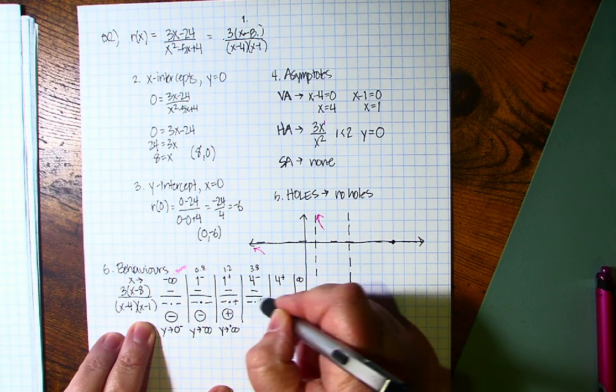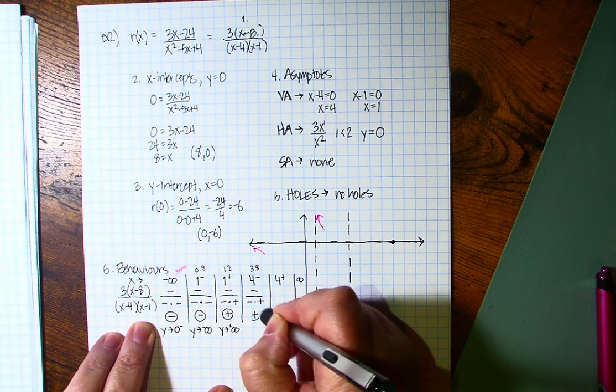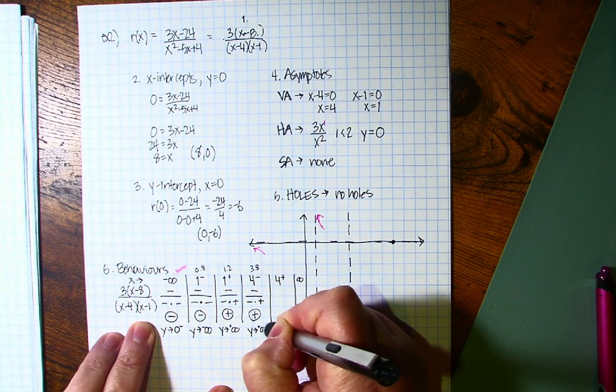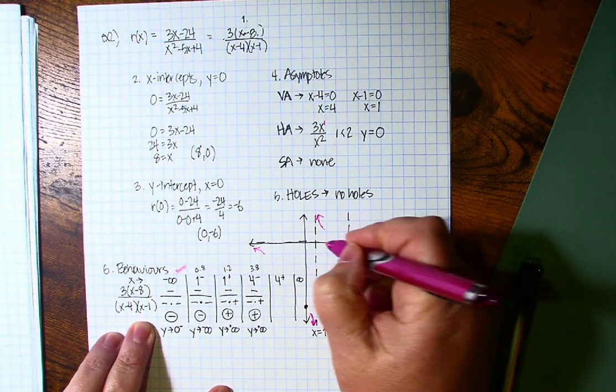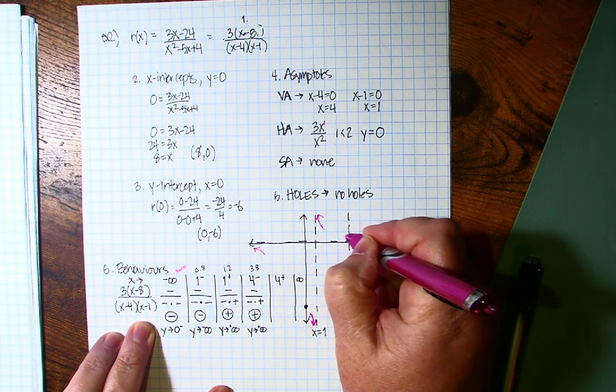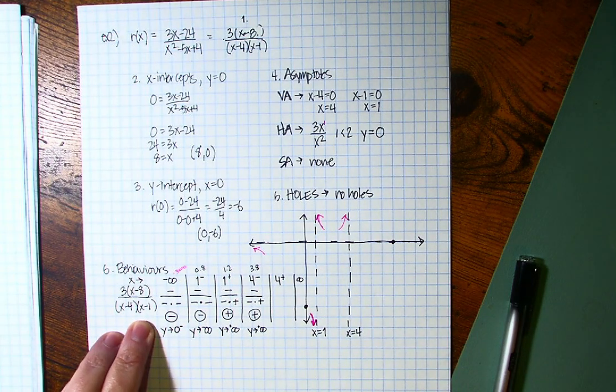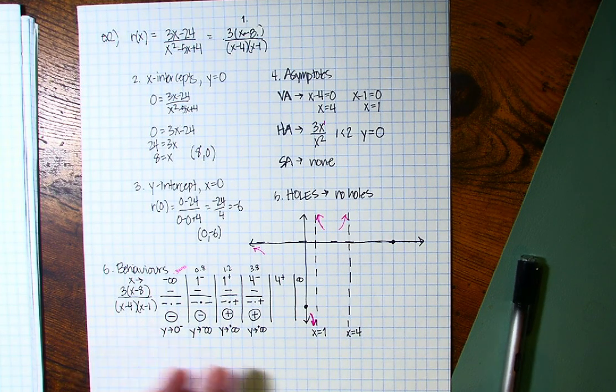So now I have a negative divided by a negative and a positive result, meaning y is going to approach positive infinity. So as my x values approach 4 from the left, it's going to go up again. So on both of those, it goes up.